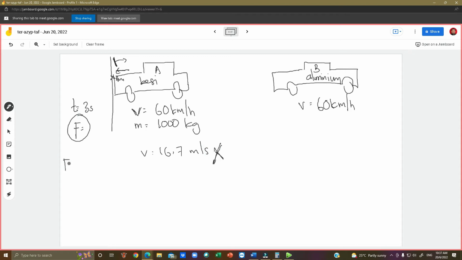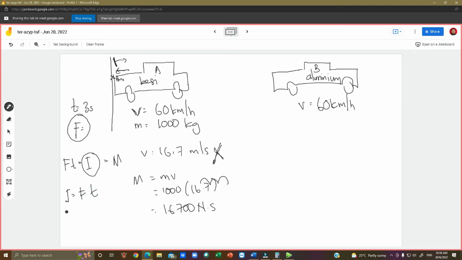So force equals to apa dia? Kita ada Ft equals to I. In order to find I, we need to find M. So berapa momentum dia dulu? We have mv equals to 1000 times with 16.7, which is 16,700 Newton per second. Okay. So now we have the I.